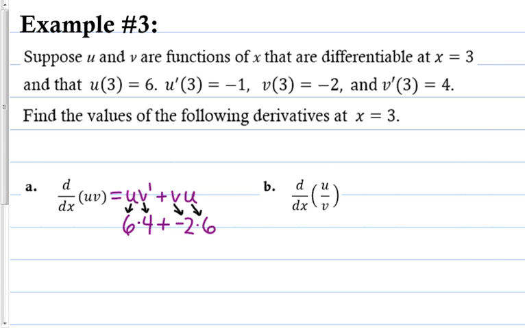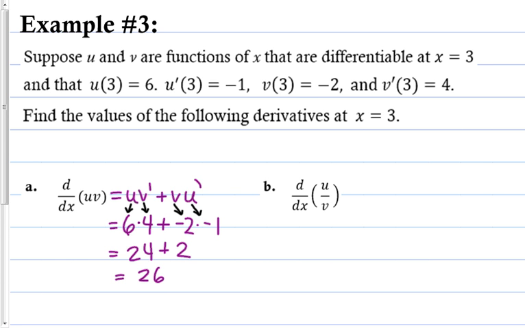Oopsie, I totally forgot to write the little apostrophe. That definitely changes it, right, to negative 1. Good thing I checked. Now 6 times 4 is 24. Negative 2 times negative 1 is positive 2. So my answer is 26.